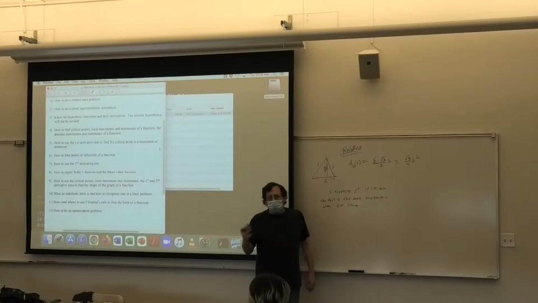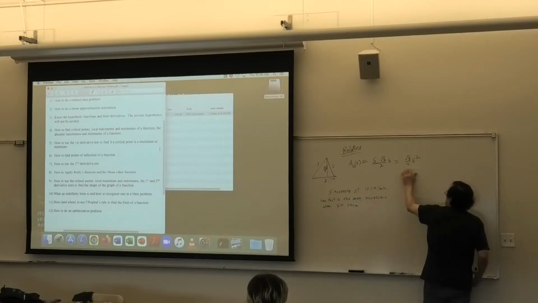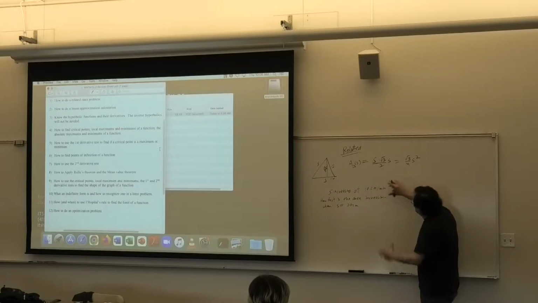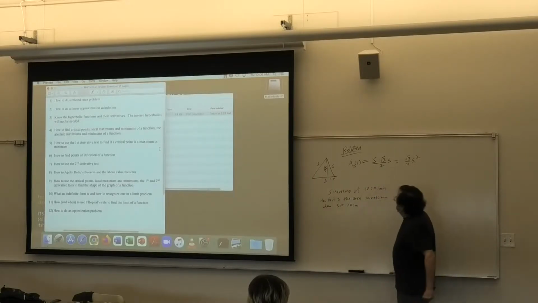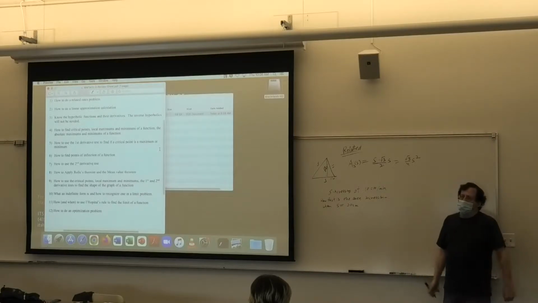So almost all these problems begin with, well, you have to find, in this case I give it to you, some formula that connects the area and the side. But now we need to know how the rates are related.